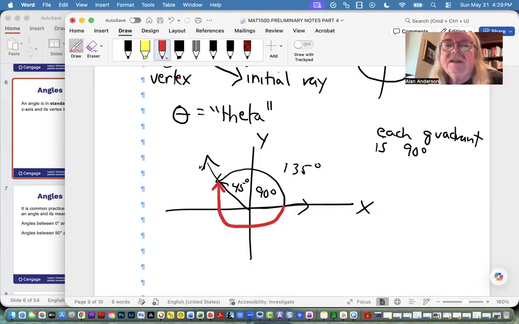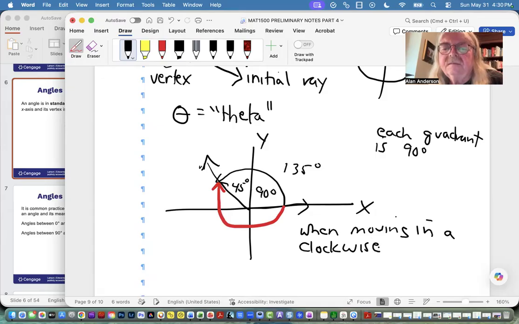Even though we wind up at the same terminal side or terminal ray, the angle is defined a little differently. When moving in a clockwise direction, the angle is defined to be negative.